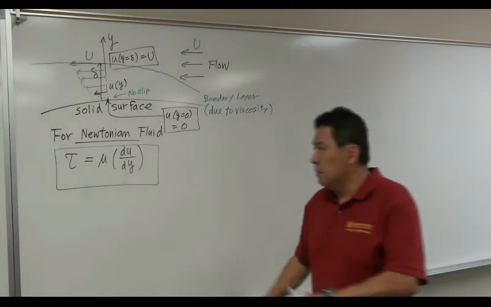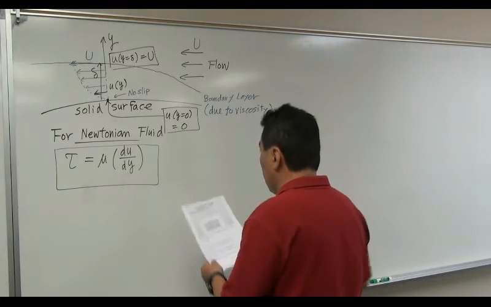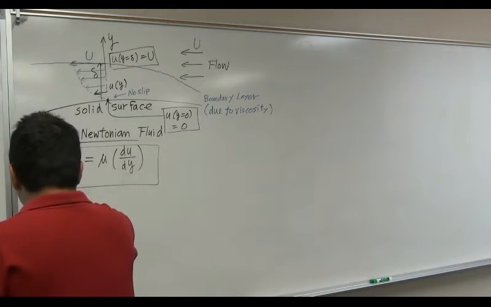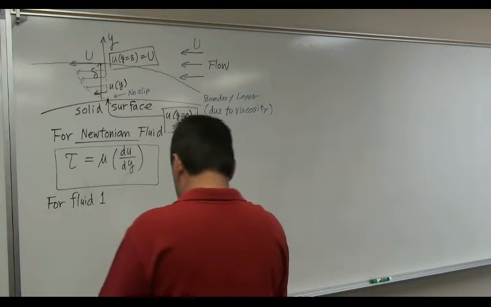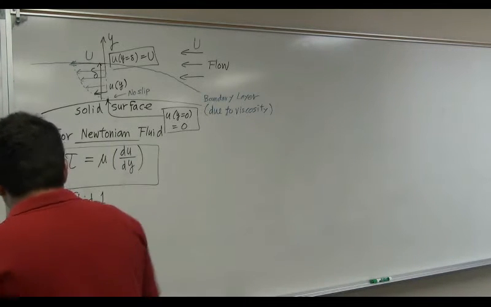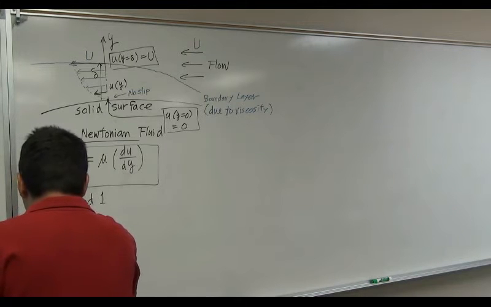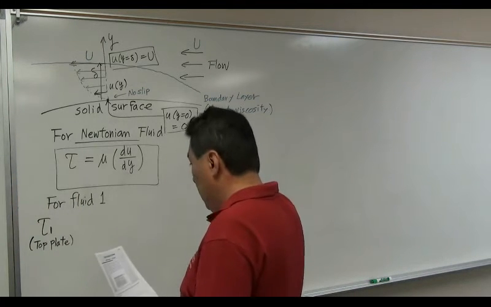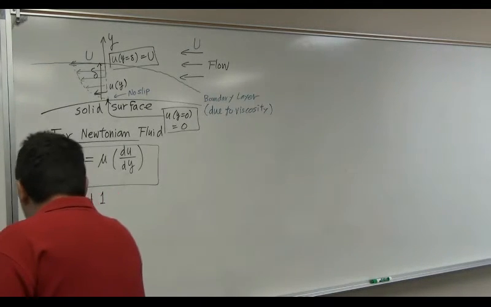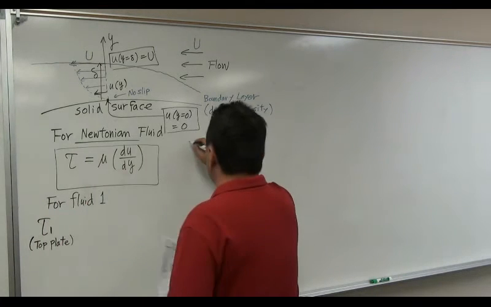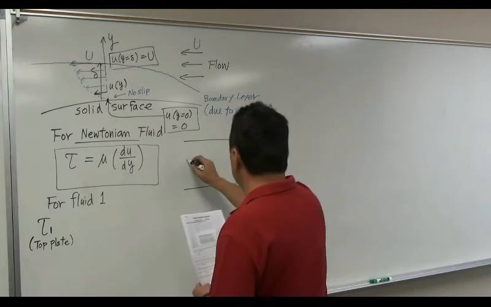So let's apply this equation for the layer of fluid 1, fluid 2. Okay. So let's begin with fluid 1. So tau 1 is a top plate, means that you are going to set, let me just do my figure here. So this is the case we are dealing with.